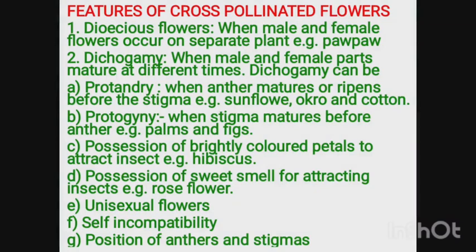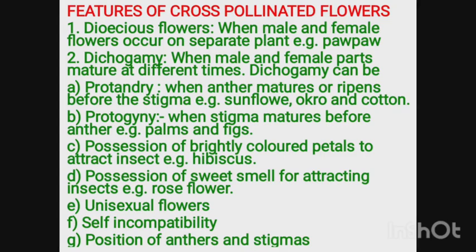Number two, dichogamy. Dichogamy is a situation whereby the male and the female parts mature at different times. It can be divided into protandry.